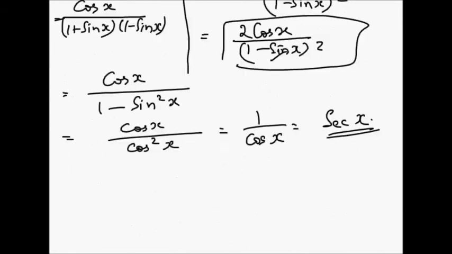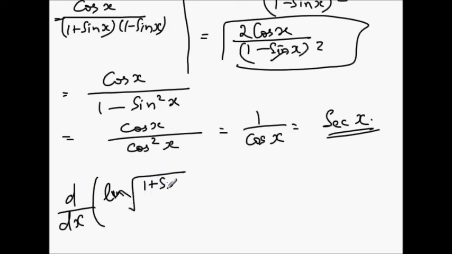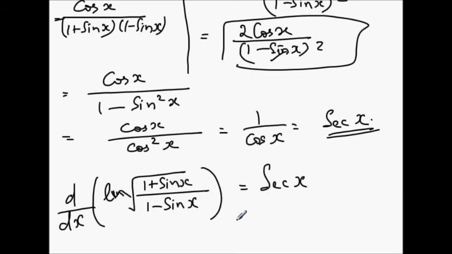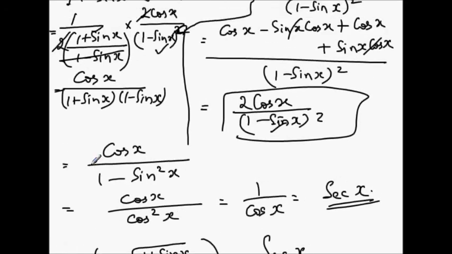So what did we find? Derivative of ln of root of (1 plus sin x over 1 minus sin x) is equal to secant x. Therefore integral of secant x would be ln of this plus c. That's very simple when you are going backwards on integration.